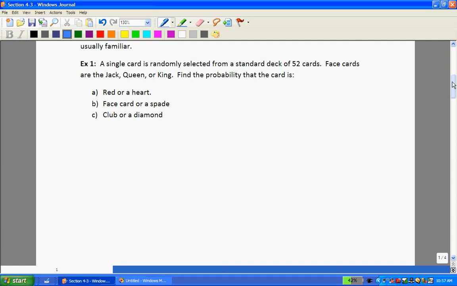And we want to find the following probabilities. Before we get started on those, let's just make sure we remember all the characteristics of a standard deck of cards. We have two colors, red and black, and we have 4 suits. So our suits are hearts, and there's 13 of those. And we also have diamonds, 13 of those.